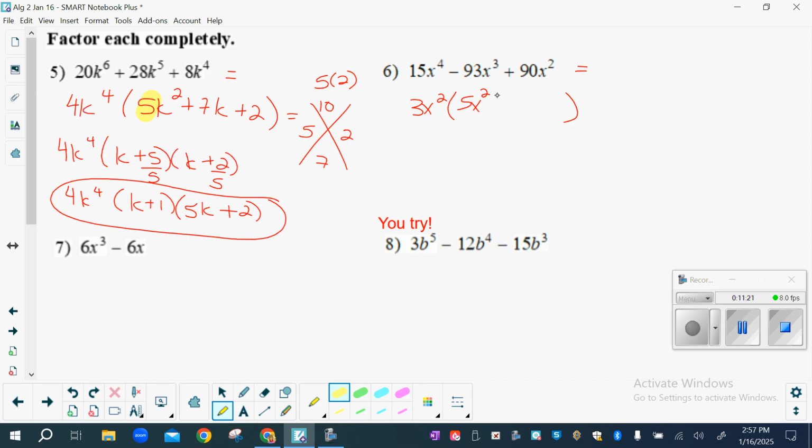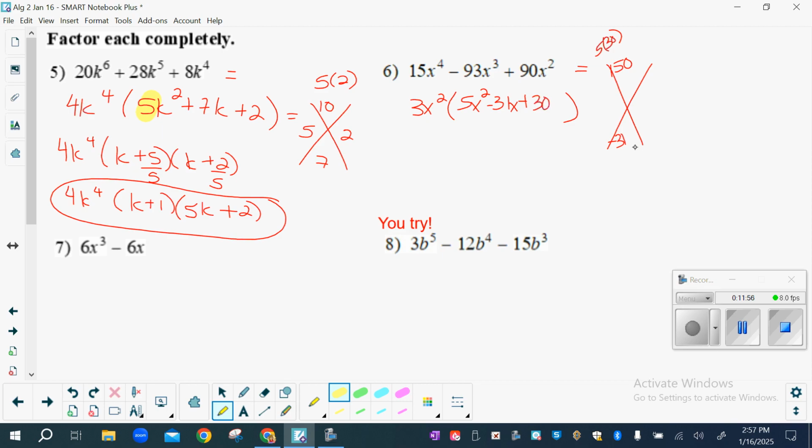You're taking negative 93 and dividing it by 3. Negative 31x, right? And then plus 30. So when we make our x, what goes on the top? 5 times 30 or 150. What multiplies to 150 that adds to negative 31?